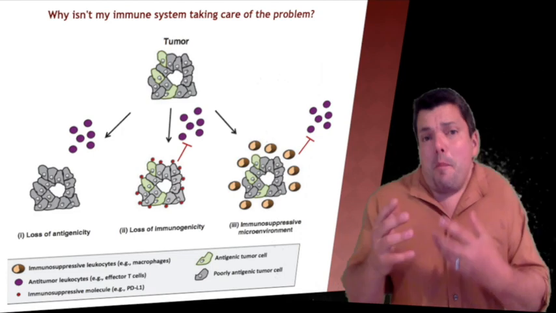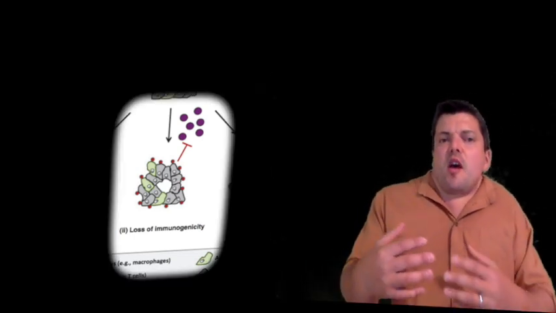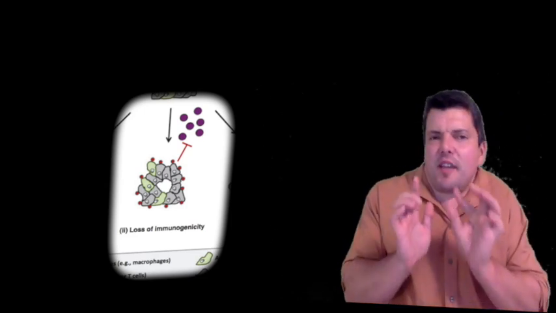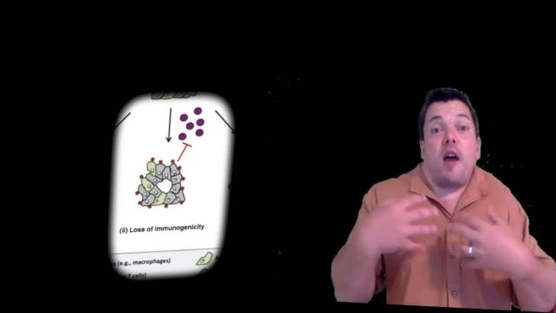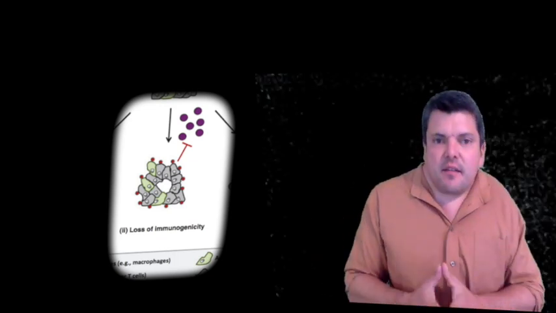Scenario number two, maybe the cancer does express antigens. Those antigens are depicted there as little red dots, but those antigens are not something foreign enough for our immune system to recognize as something that should be attacked.